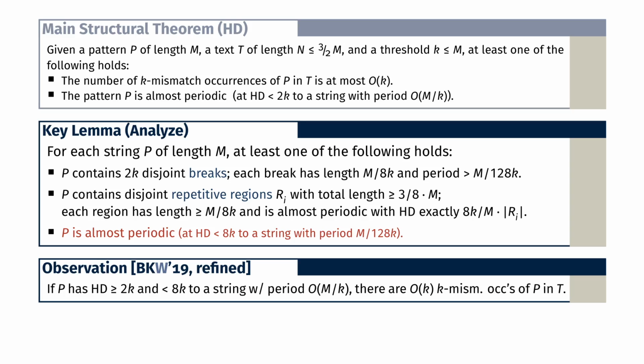If P has already 2k mismatches to some periodic string with a period of at most m by k, then there are at most order of k mismatch occurrences of P in any text T. This then yields either the first or the second case of the main structural result, depending on whether P has at least 2k mismatches to some periodic string.